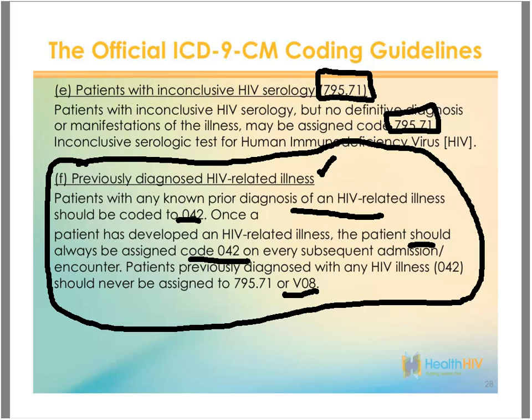However, sometimes coders are allowed to review other components of the medical record. So for example, we may use the lab results. If the lab results show that the patient has a CD4 count that meets the criteria for this condition, we're going to use the lab results.